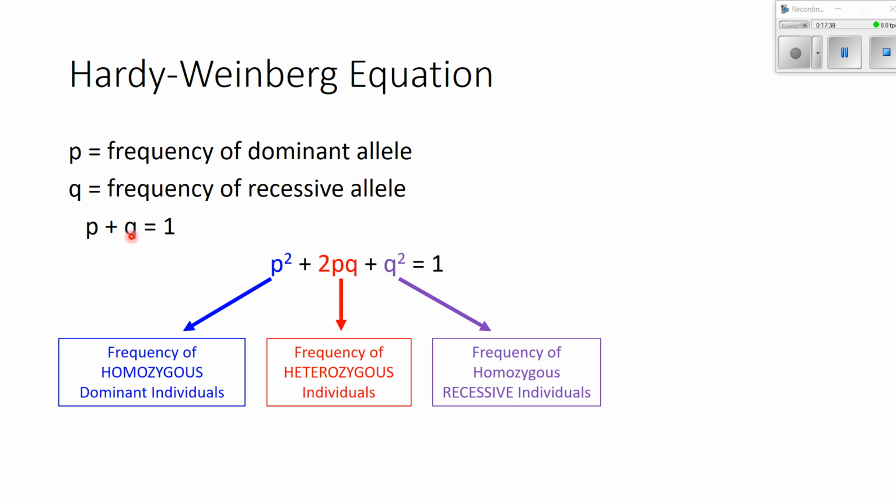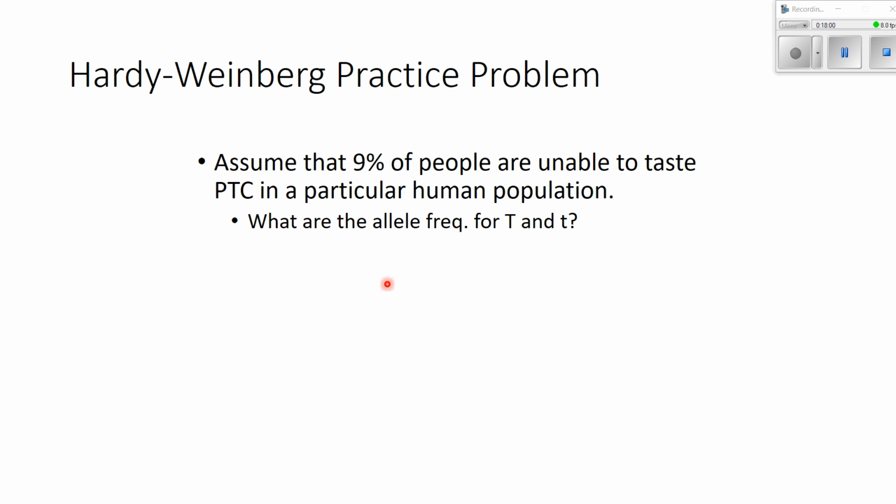If they tell you Q is 0.5, then P also has to be 0.5 because these two have to add up to 1. Or if they tell you what Q squared is in the problem and you want to find Q, just take the square root of it. You can use a calculator. You're going to need a calculator for these. So let me show you how easy this can be.